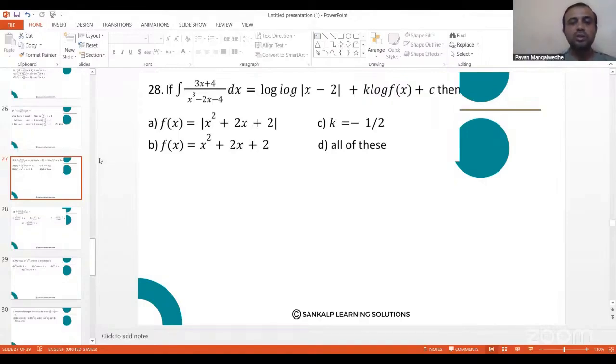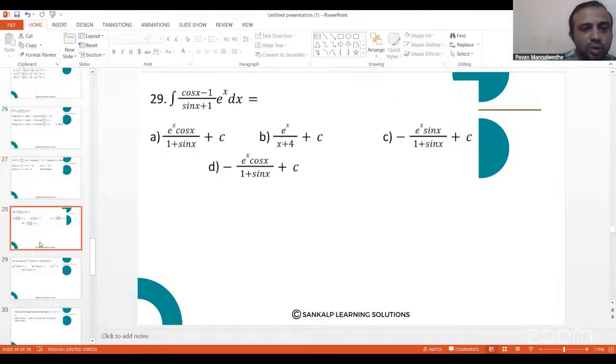Then what is the value? This question is incomplete. Something is misprinted, so don't attempt it, because the value they should give is not given. So we'll go to the next one.